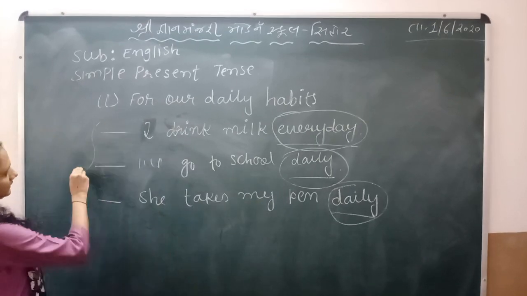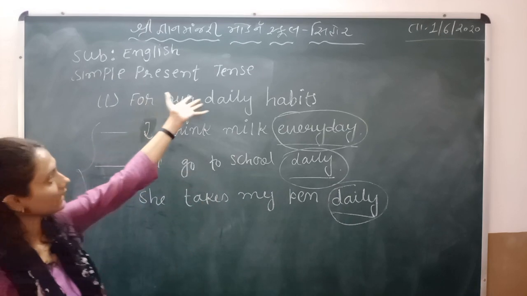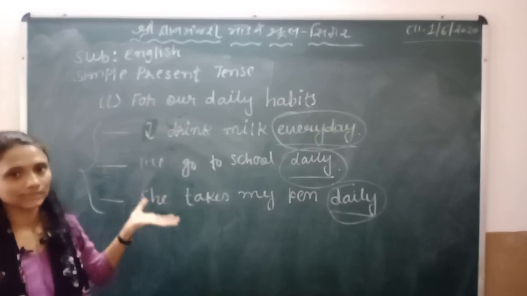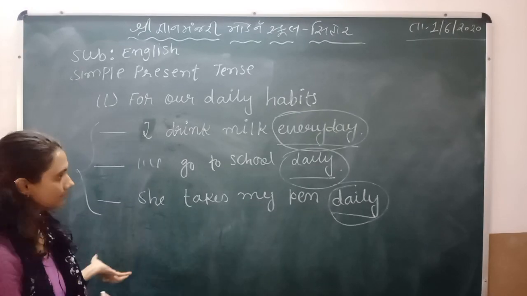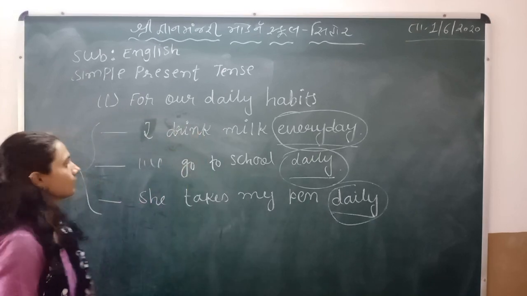So these three sentences describe the daily habits of a person. In this way we can use simple present tense. This is the first use of simple present tense.